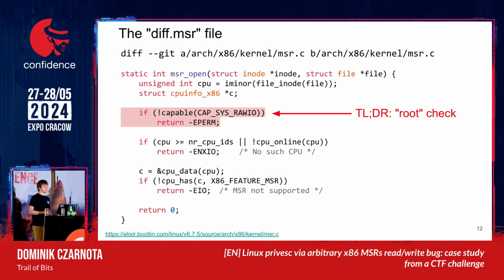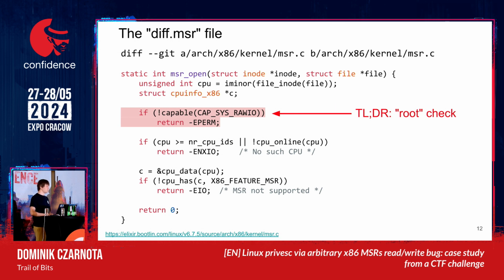And this capability is something that a root user normally has, but no other users on the system have it. I mean, you can obtain it in some ways, but normally root user has it. So if we are not root, normally on Linux, we won't be able to access this function. I mean, it will return the permission error. But they removed this check. So this means that we can now call this MSR open.